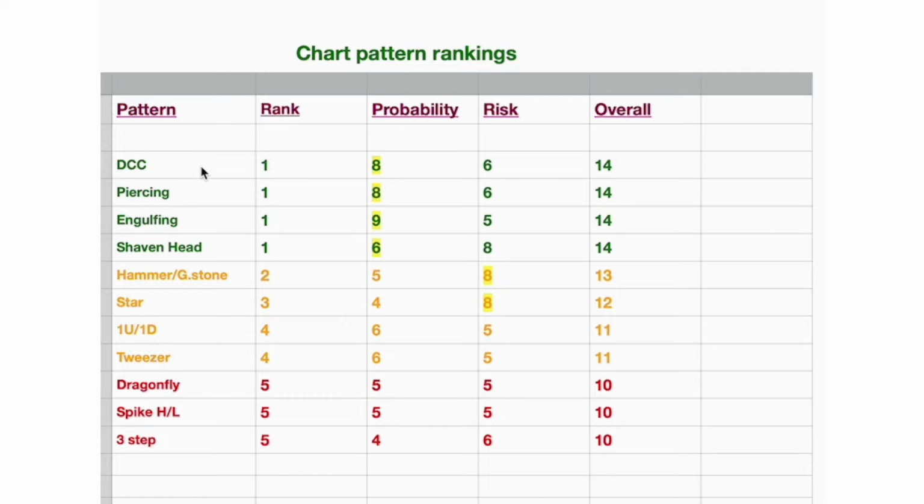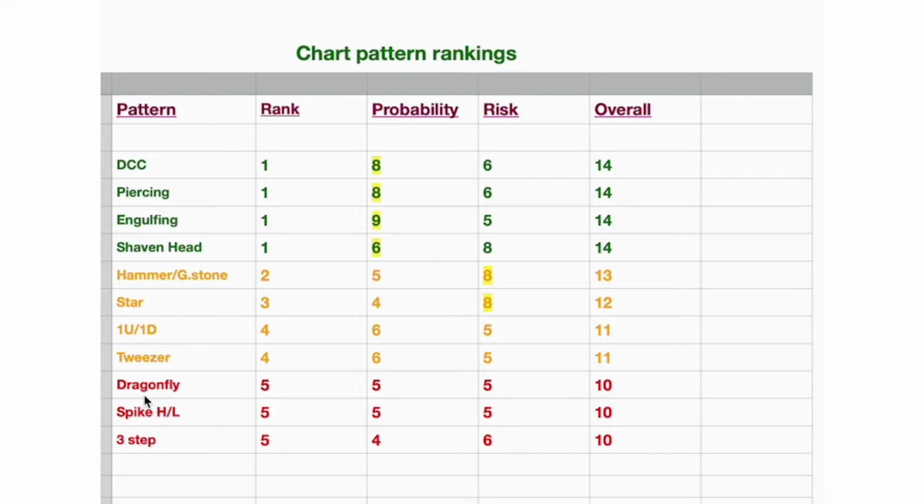So top candle pattern rankings: dark cloud cover, piercing pattern, engulfing pattern, and a shaven head. Those are the ones, if you want to discard all the others, you should be paying attention to the most, followed by the middle of the range ones, the hammer, gravestone dojis, the stars, one up, one down, tweezers. Not bad, but not the best.